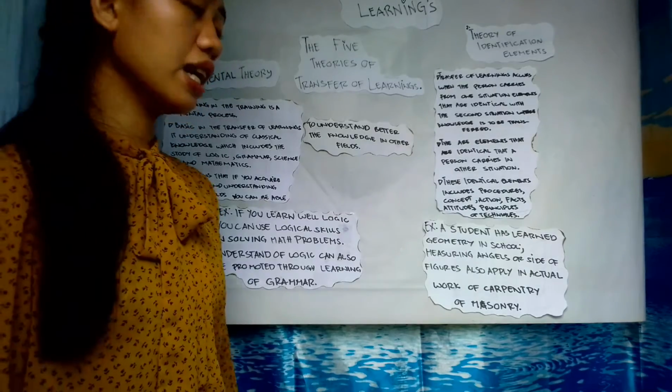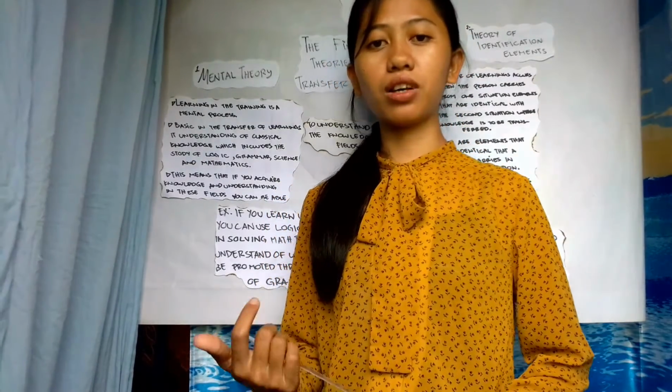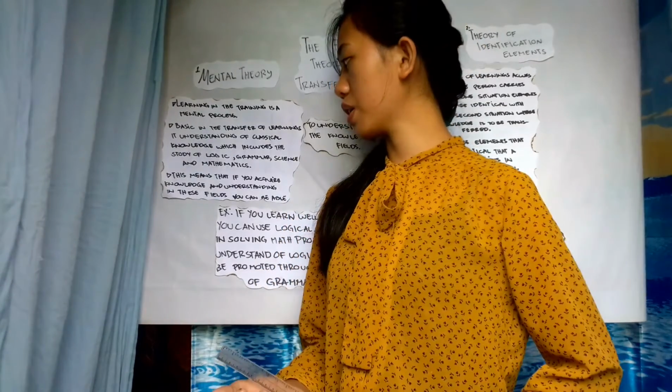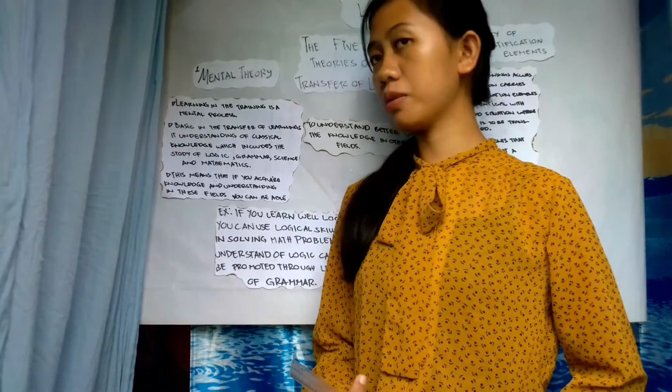So it means if you understand well how to solve mathematics, you can easily know what logic is all about, and also how to manipulate, or how to process what is done in grammar.